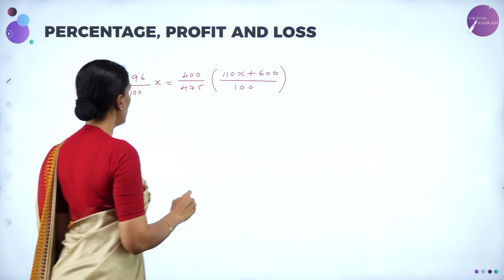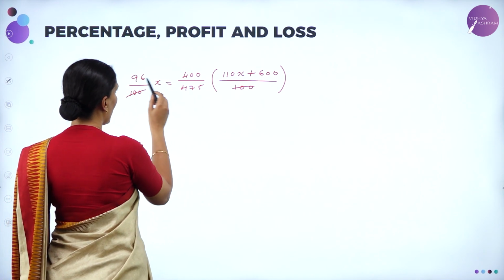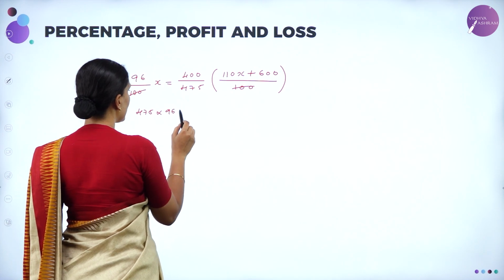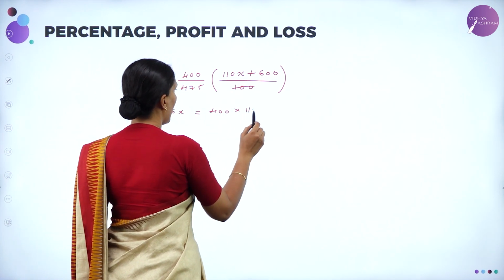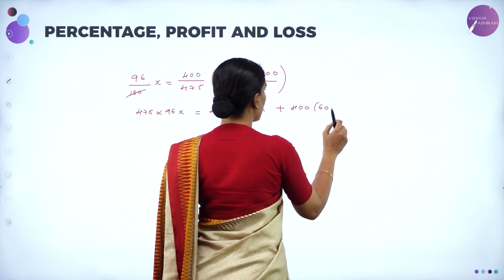So here we can cancel 100 on both sides. Now we are left with 475 into 96x is equal to 400 into 110x plus 400 into 600.